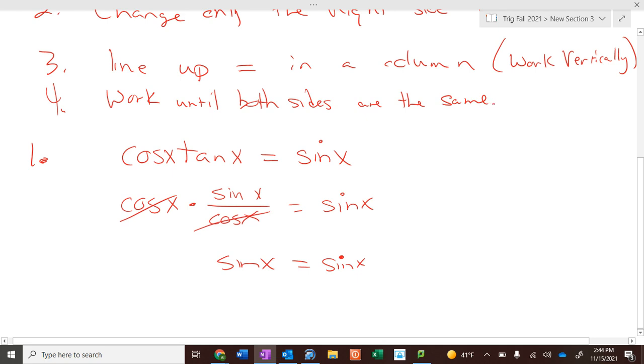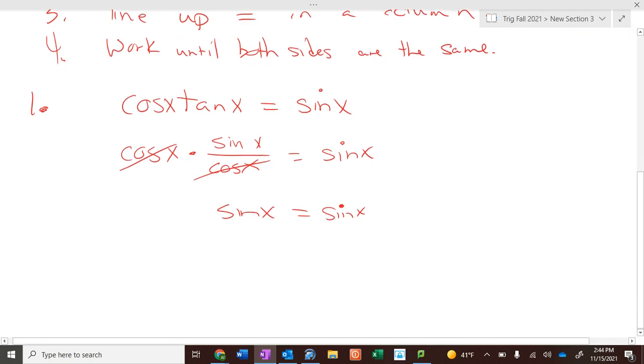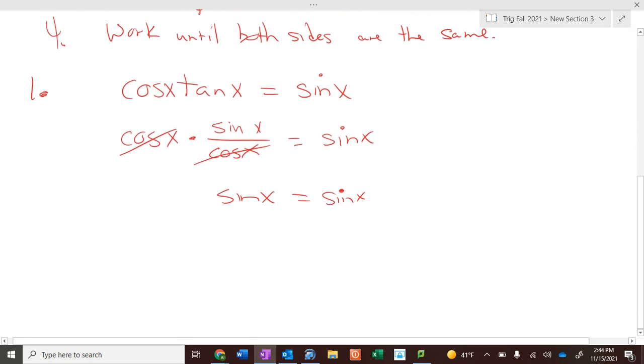I worked until I went down to get sine of x on both sides. Okay? See how easy that was. That's what we're doing. So, guess what? On every one of these problems, you already have the answer given to you. So you're going to know the answer at the start of the problem.